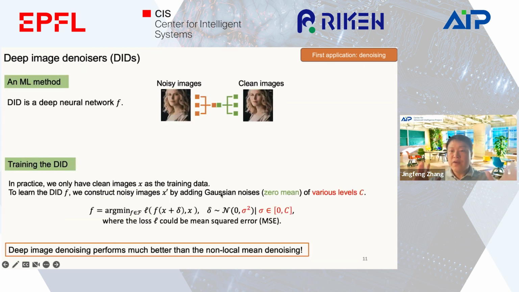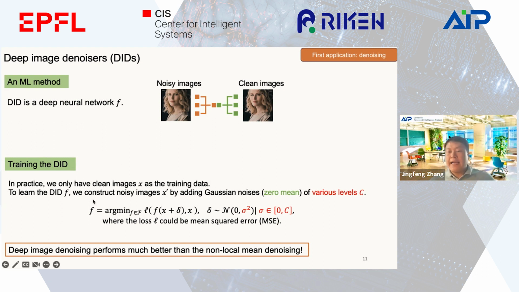Now, we go to the machine learning time, and we need to learn a good image denoiser. Specifically, the image denoiser is denoted as a deep neural network, taking as input the noisy images and giving as output a clean image.